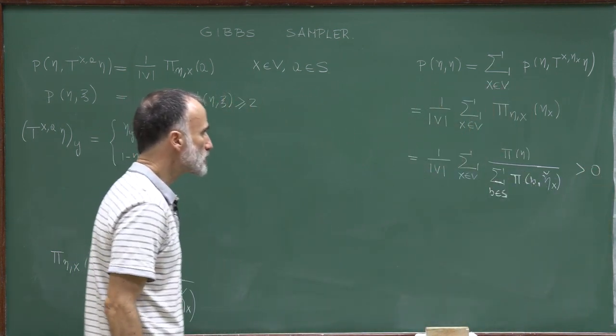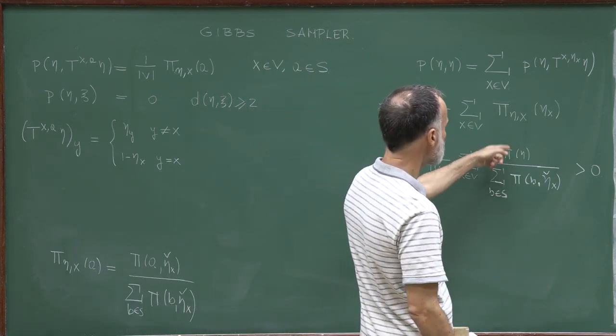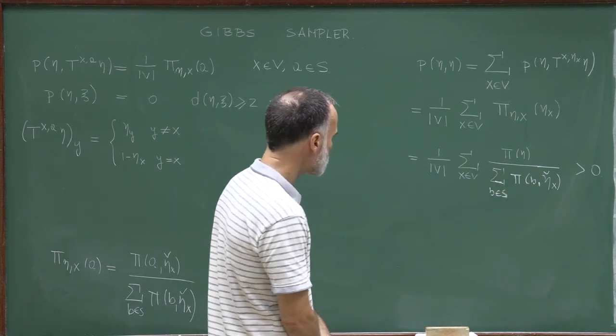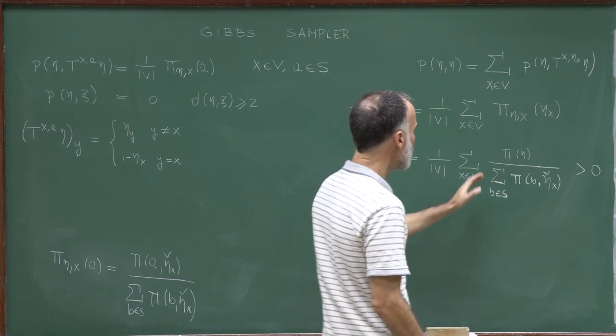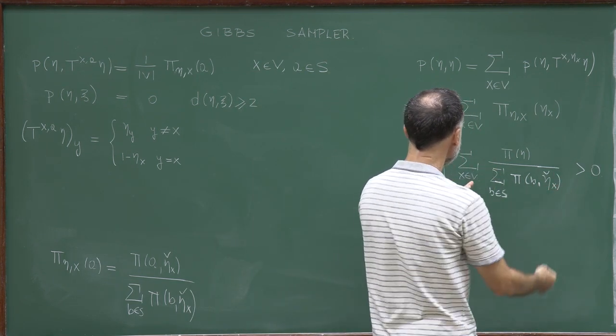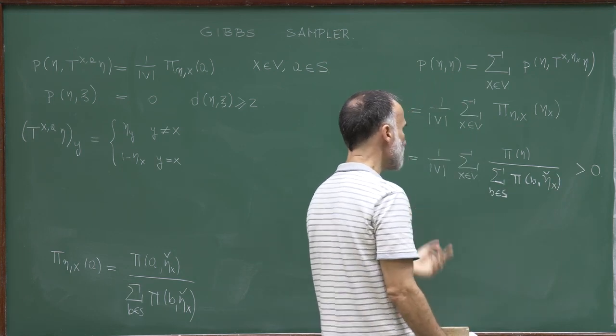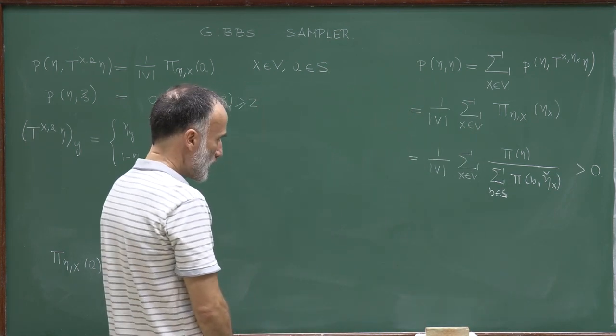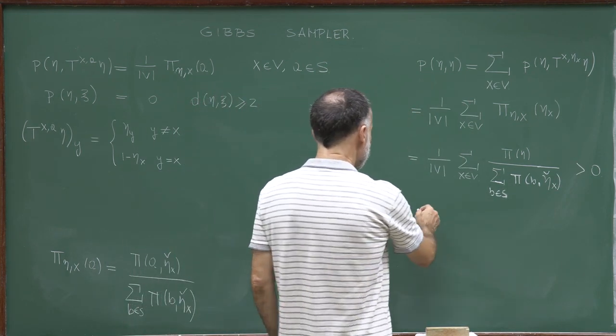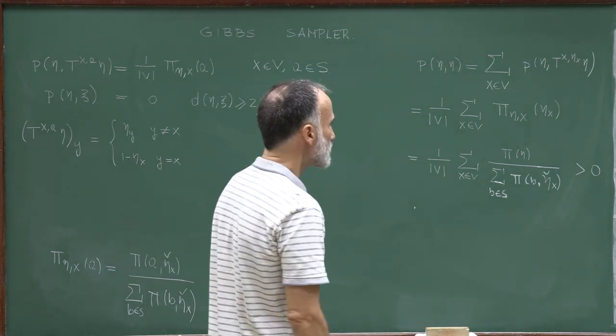The sum is strictly positive because all these terms here are strictly positive, and it's of course bounded by 1 because all these terms are less than or equal to 1, so you're summing over V, dividing by |V|, so this is bounded by 1. So that tells you that it's strictly positive.